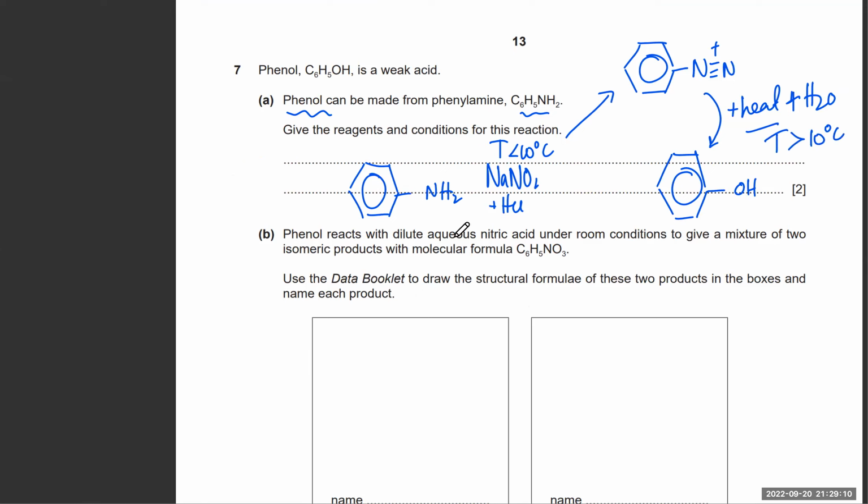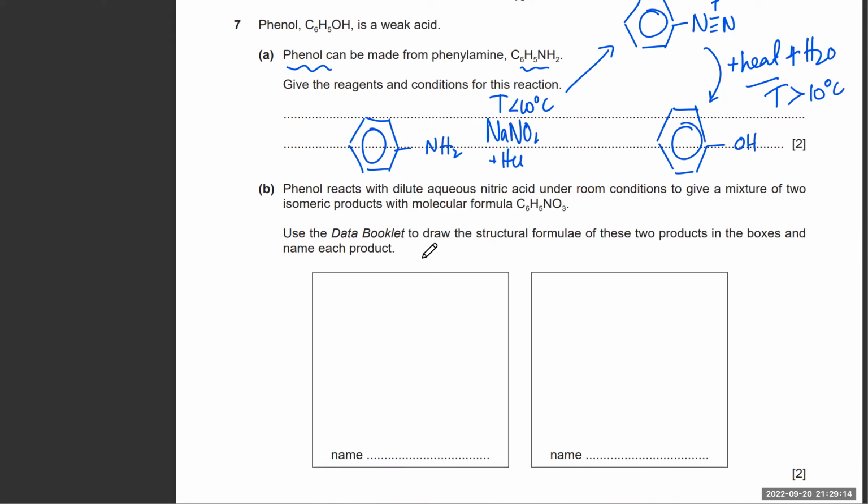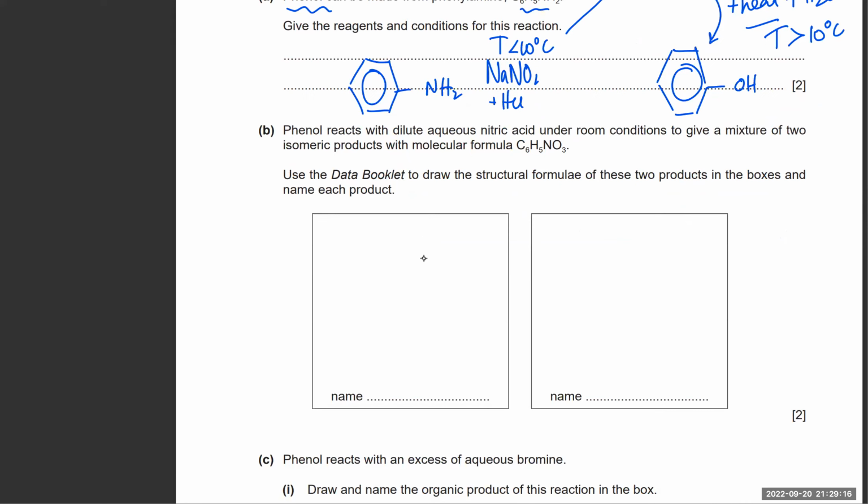Now, the next one is phenol reacts with nitric acid under room conditions to give a mixture of two isomeric products. So we're talking about phenol here. Is it 2,4,6 directing or 3,5 directing? 2,4,6. The lone pairs are going to overlap and the electron density will be higher at these positions.